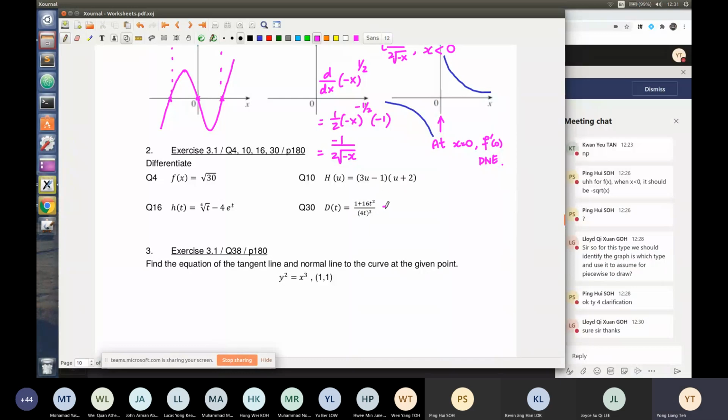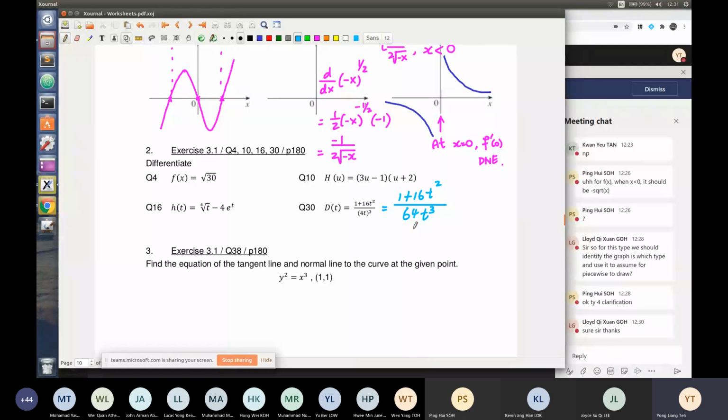So the first thing to do is to expand out the term here, which is equivalent to 1 plus 16t squared. This one just leave it as it is. Then divide by, so the cube must apply to 4. So we have 4 cubed, which is 64, hence we have 64t cubed.